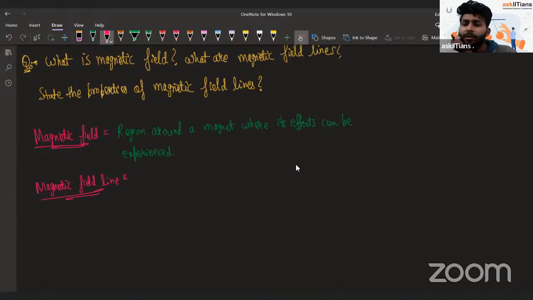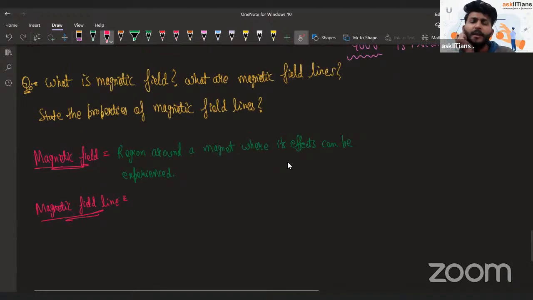Jasim says line along which North Pole tends to move. Representation of magnetic field. Yes, Aram. Magnetic lines which show direction and relative strength of the magnetic field. Yes, correct. Force in place of effect, actually, that is more appropriate, but according to CBSE, just effects is sufficient.